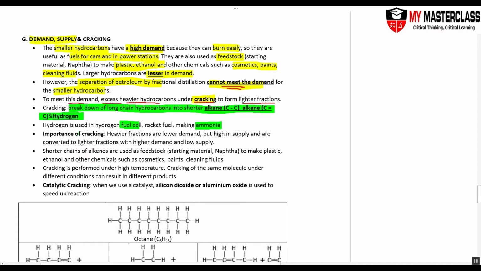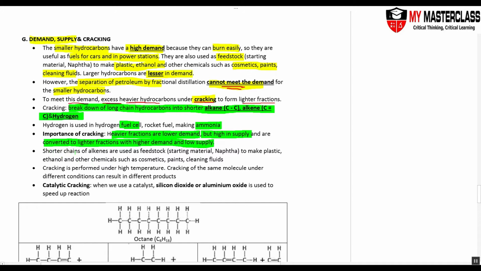Okay, importance of cracking. A question asks, why do we perform cracking? Why is it important? This is your standard answer. Heavier fractions are lower in demand but high in supply. Okay, and they are converted or broken down to lighter fractions, which are higher in demand but lower in supply.